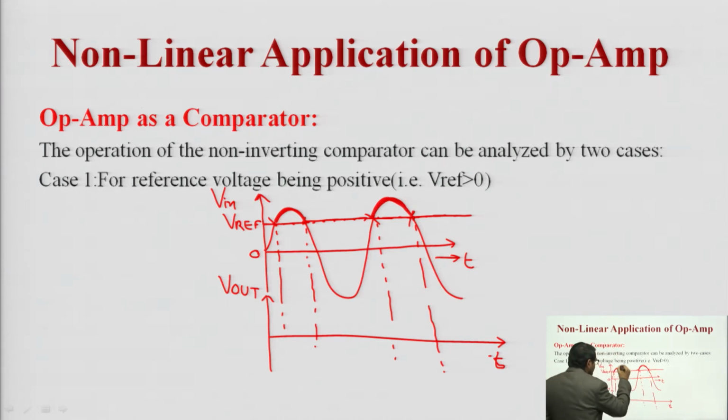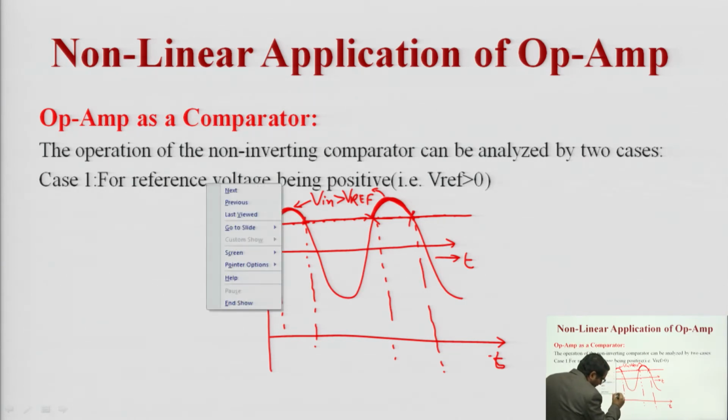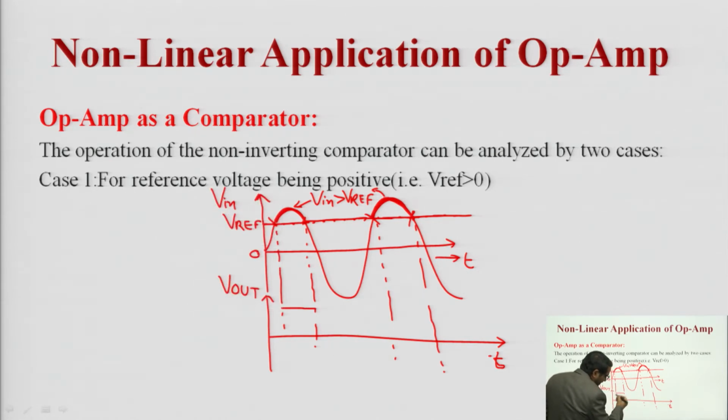For these regions, V in is greater than V reference. We can say that V plus is greater than V minus, then the output is plus V sat. The output is plus V sat for this region.